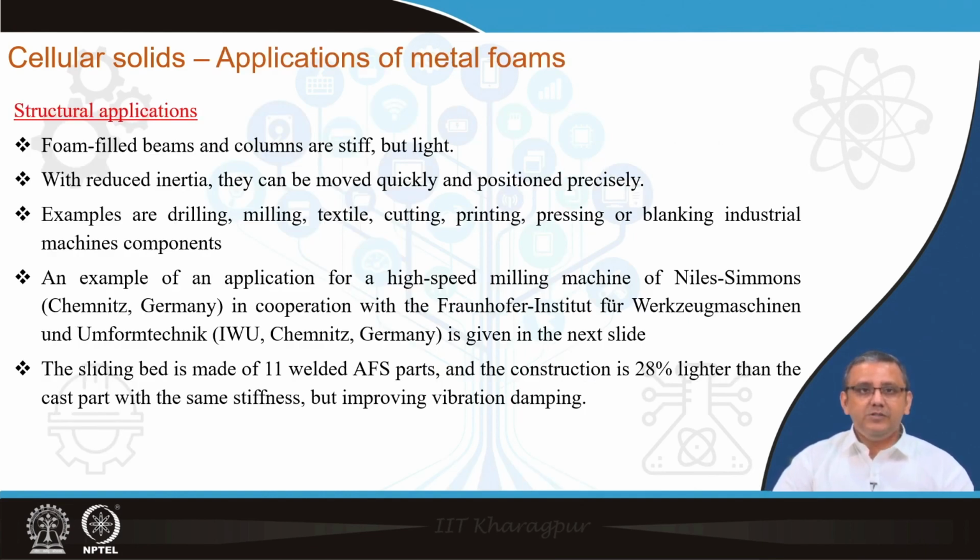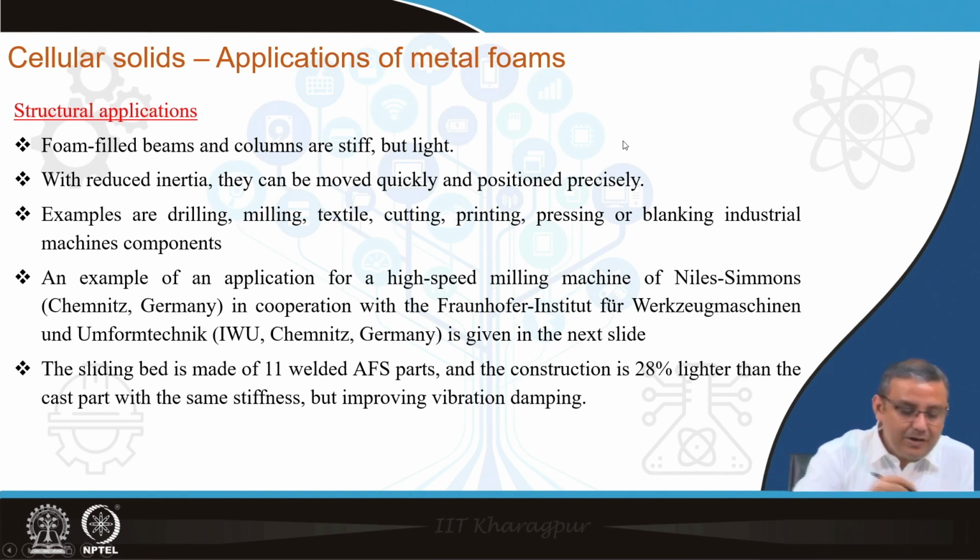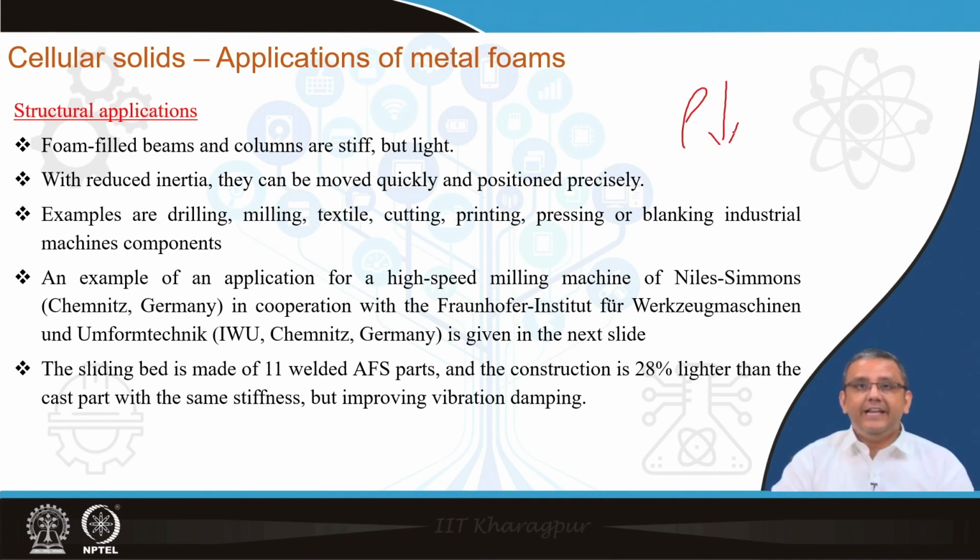The metal foams or cellular solids, as we have already learned, have a few fundamental aspects. The first thing is that the density of cellular materials is very low. This is the first and foremost thing: all cellular materials have very low density, because they have a large amount of air.